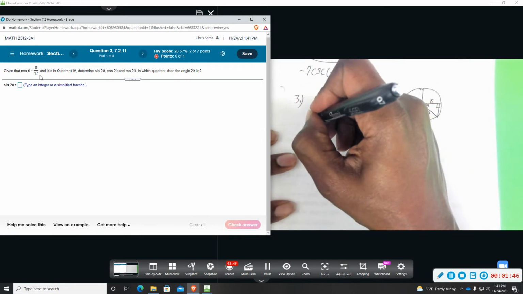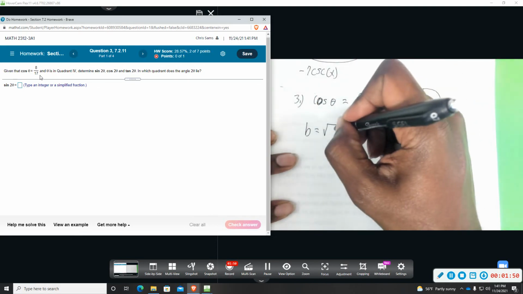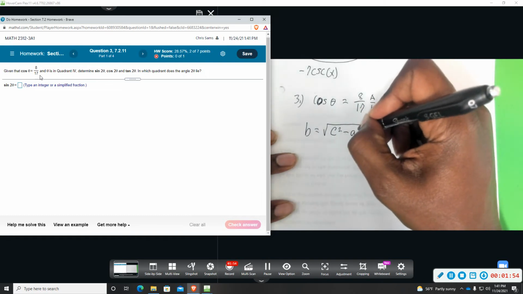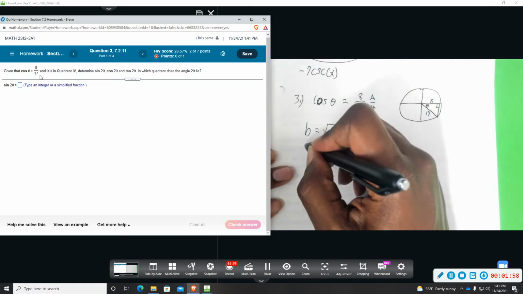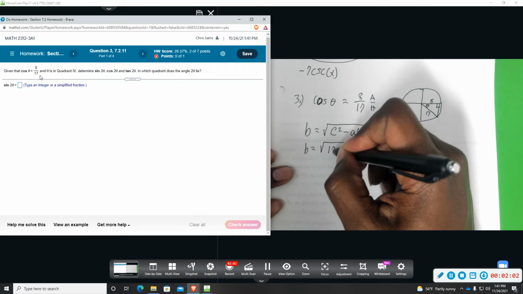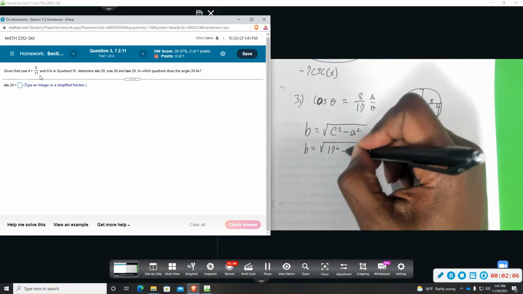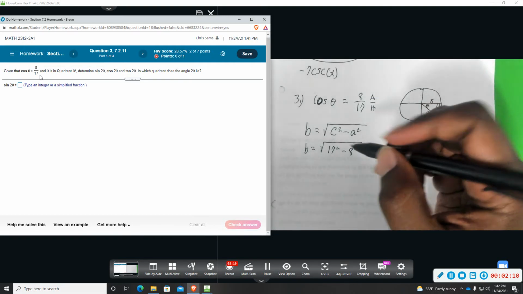So again, I'm going to use the shortened formula b equals the square root of c squared minus a squared. We're going to do 17 squared minus 8 squared.